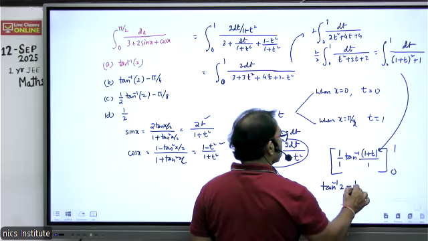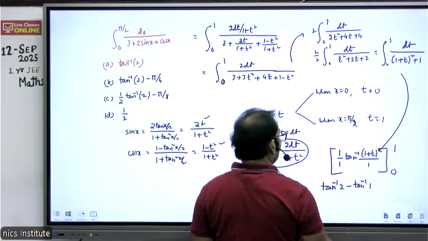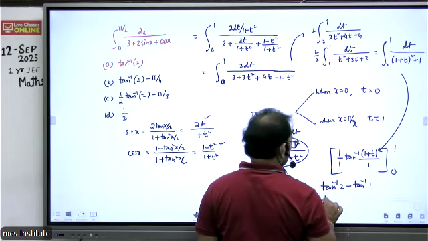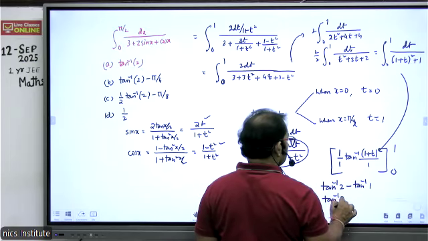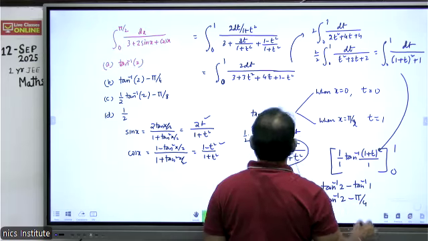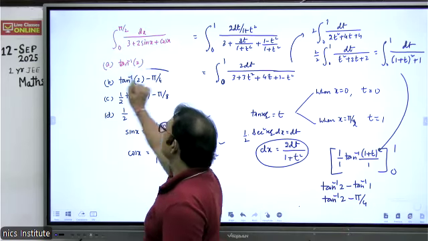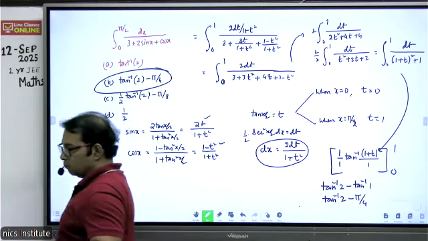Tan inverse 2 minus tan inverse 1. Tan inverse 1 is pi by 4. Answer is B.